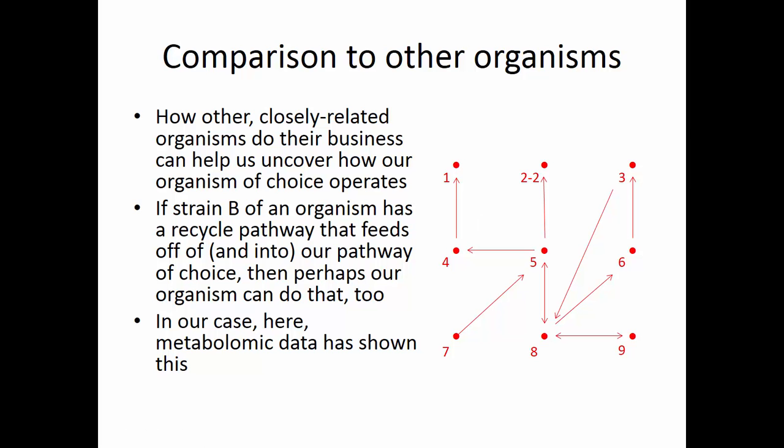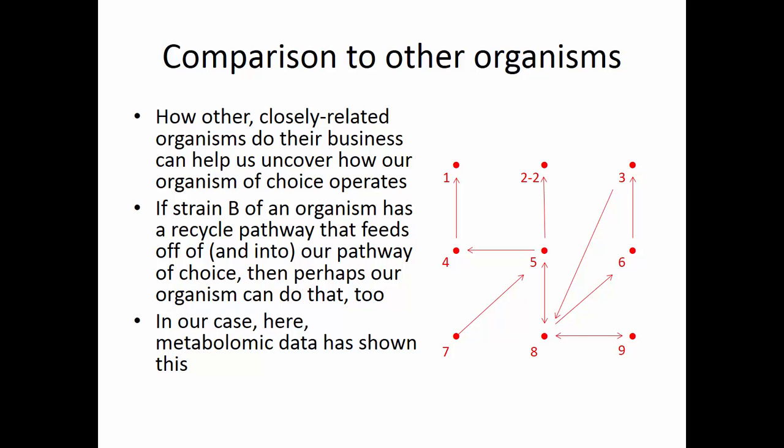And then we can compare our little organism to other organisms of this size. We can see how other closely related organisms do their business and how that can help us uncover how our organism of choice operates. And if strain B of an organism has a recycle pathway that feeds off of and into our pathway of choice, then perhaps our organism can do that too.